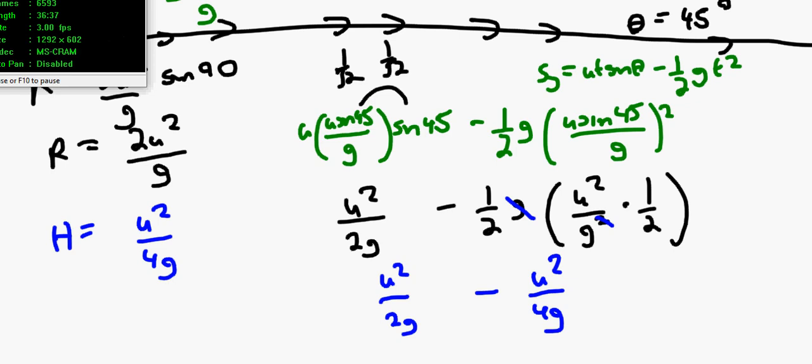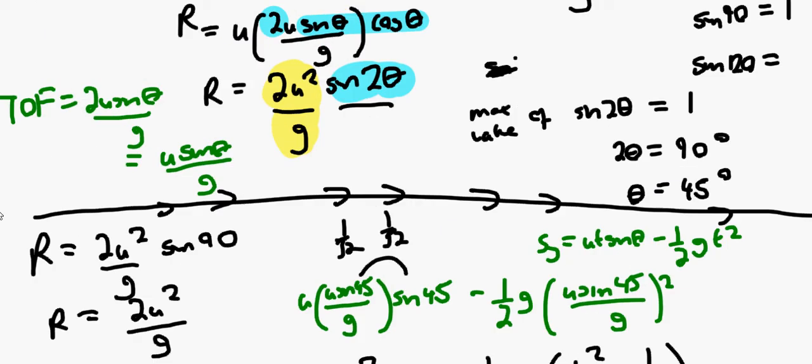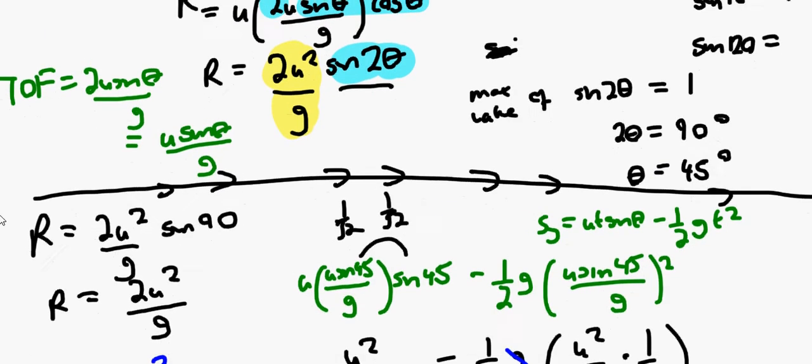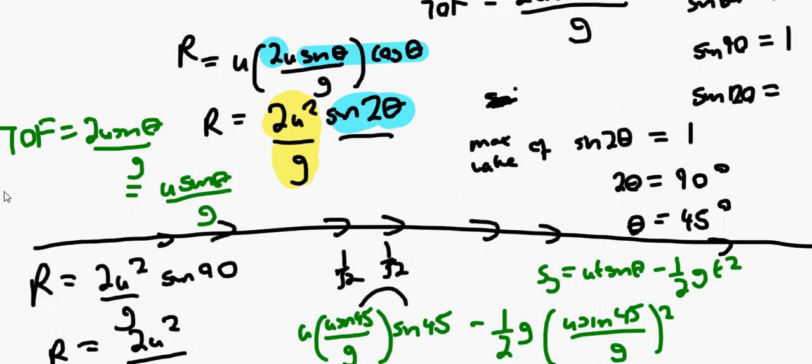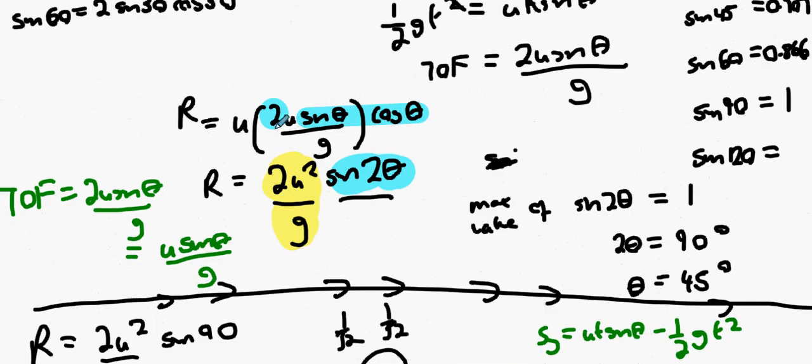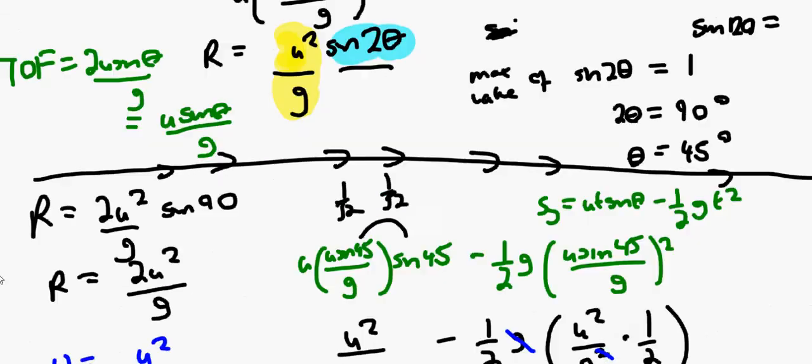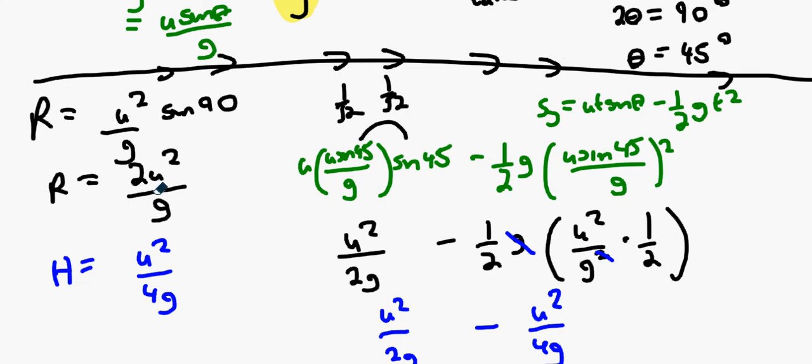Brian found it. Back up the top here. Remember I converted 2 sine theta cos theta into sine 2 theta? That 2 doesn't belong there. It was just u squared sine 2 theta over g. So that means that's just u squared over g. That's 2.